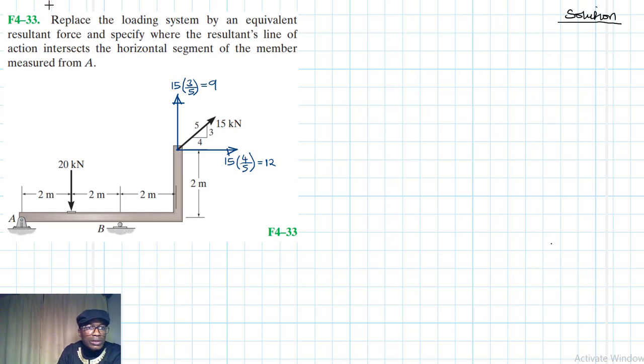Right. So let's have the arbitrary position of our resultant. We are looking at the horizontal segment of the beam.